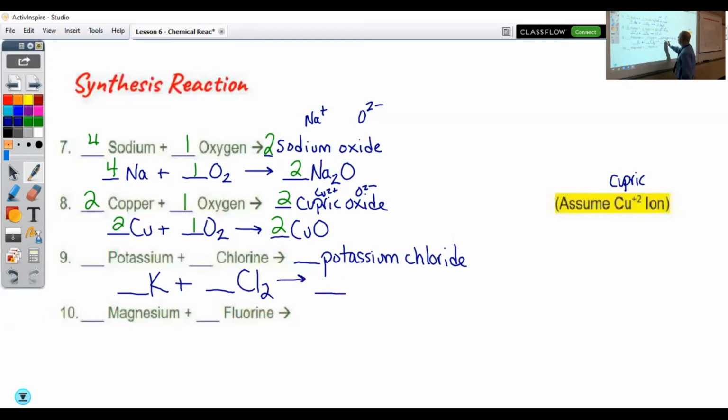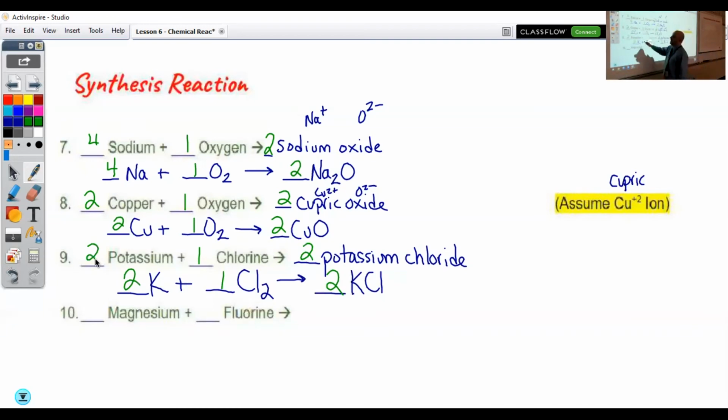And it's going to form KCl. Then balancing this, we have 2 chlorines here, so we're going to put a 2 in front of KCl and a 2 in front of K. That ends up being a 1. Now we can just copy those up into our word equation.